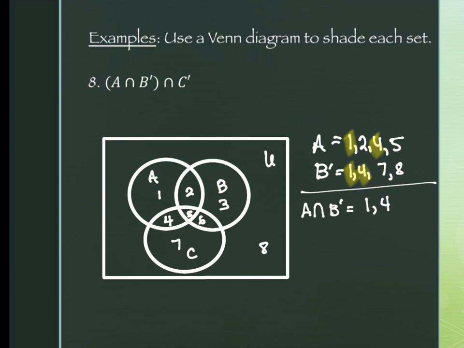And then I'm supposed to do this with C complement. So I need everything not in circle C. So what is not in circle C? 1, 2, 3, and 8. And how am I supposed to combine these? Again, it's an intersection. Wouldn't have to be, but this one is.